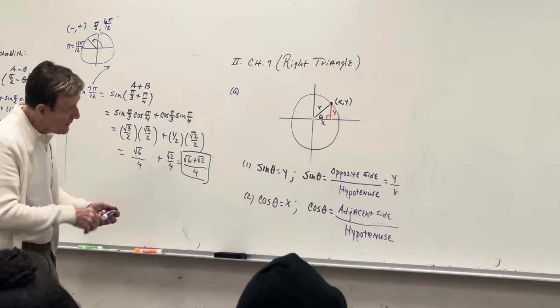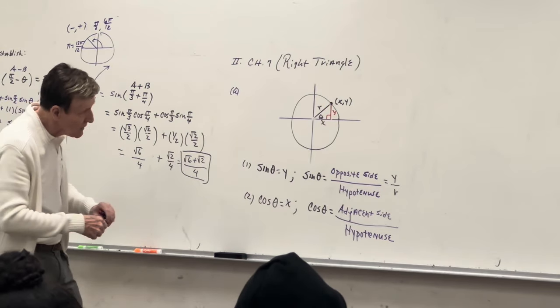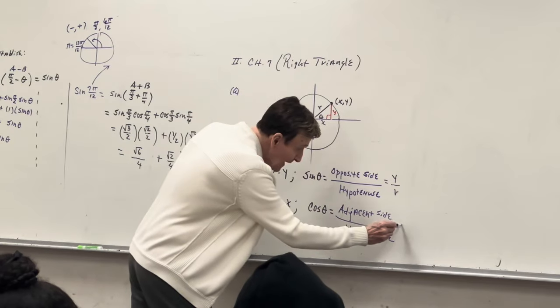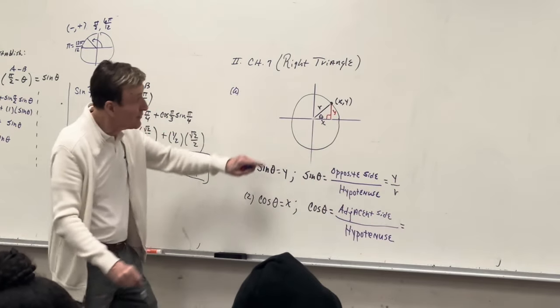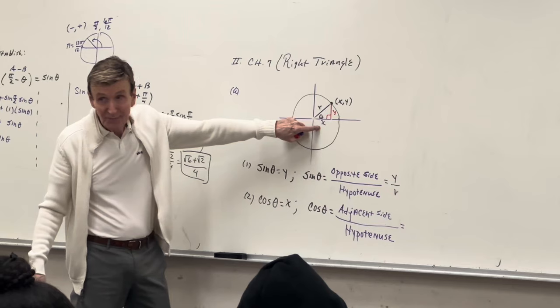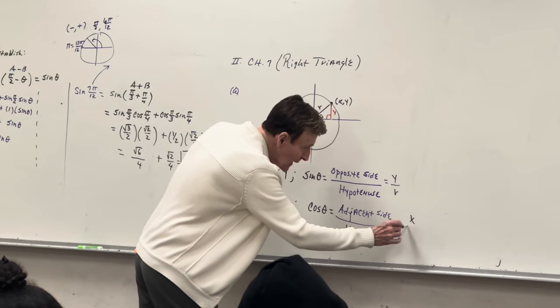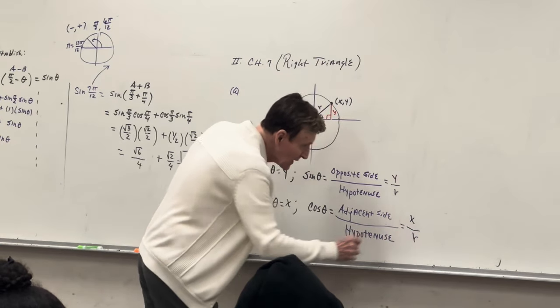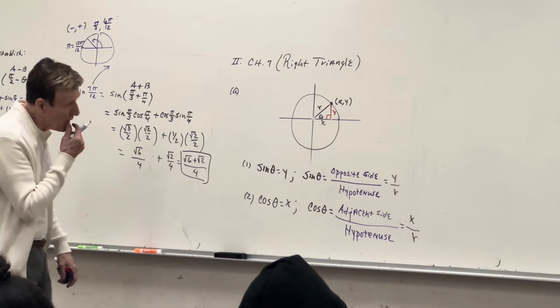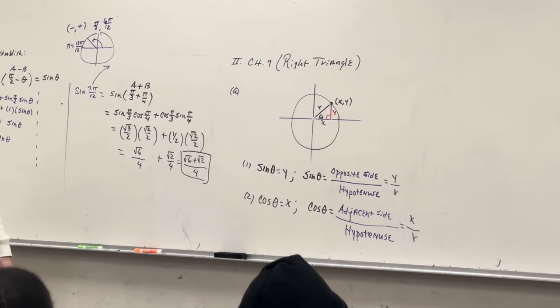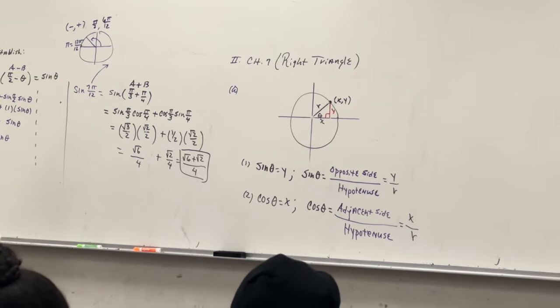Okay, guys, let's go up to my sketch up there and see what this now looks like. The adjacent side, that means the side next to the angle. Well, that's considered x. So that's x there for the side adjacent. And the radius is, of course, r, and there's my definition, x over r for cosine on a right triangle.